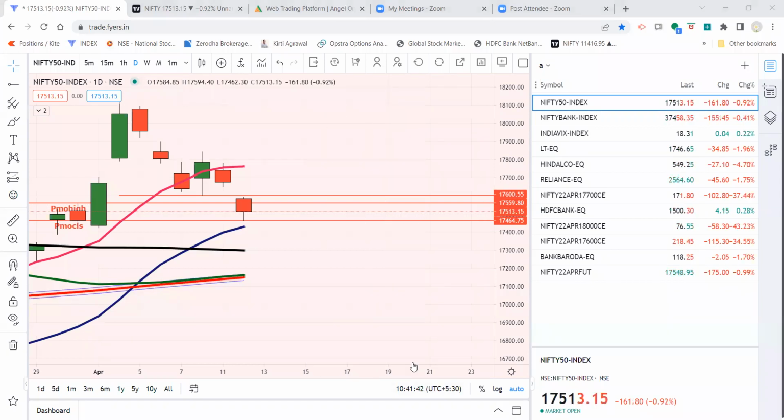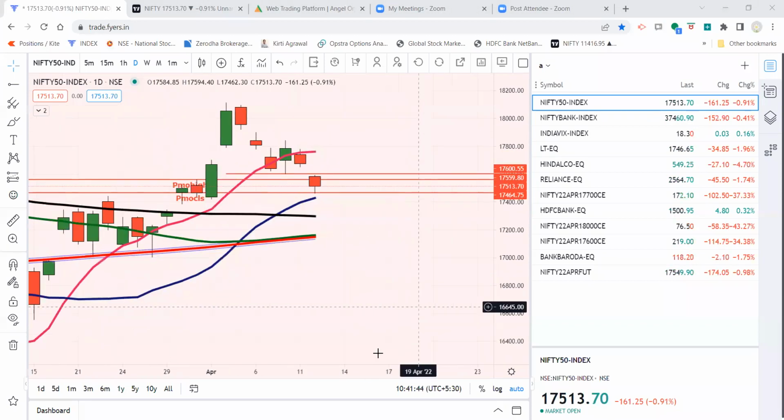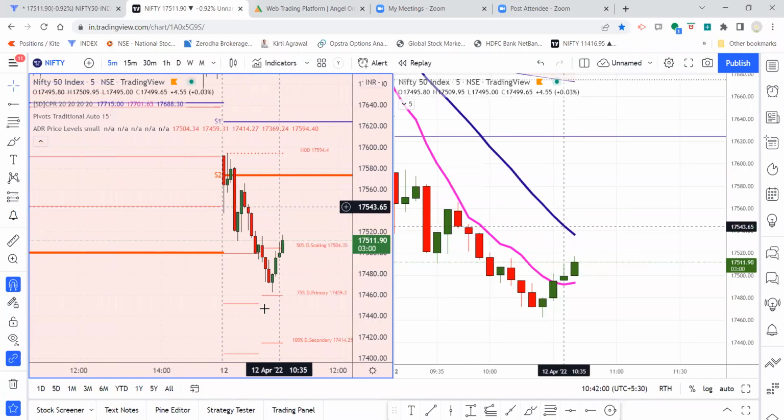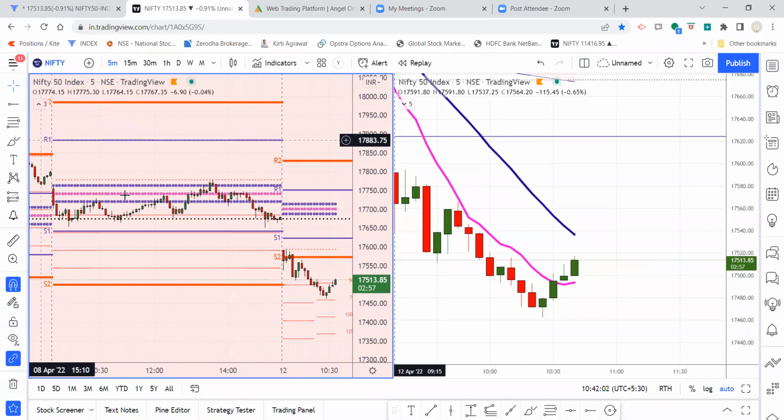I concluded. Is this point clear to all of you? And this is how I am making 27,000 rupees in front of you. 25,000 was already booked, and almost 2,000 rupees on the current trade, right? This is how it is.